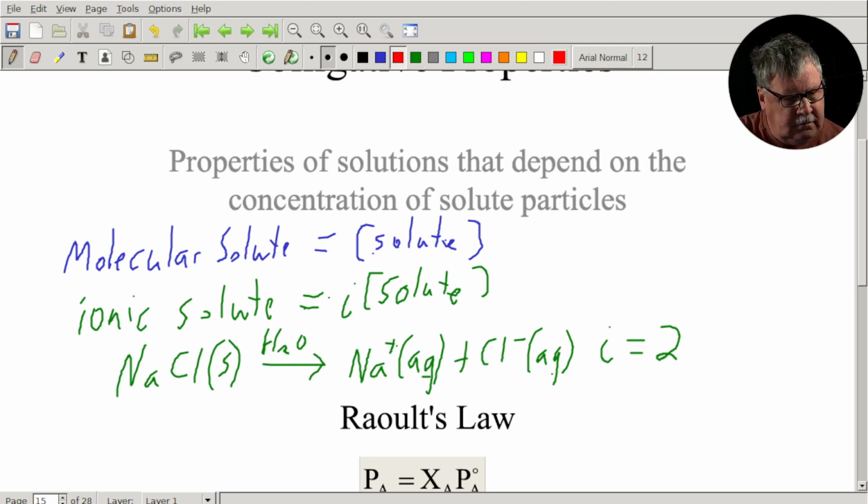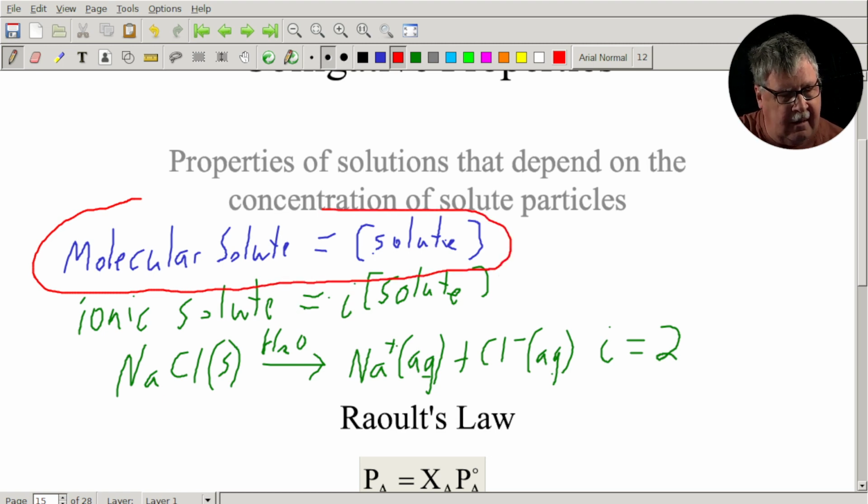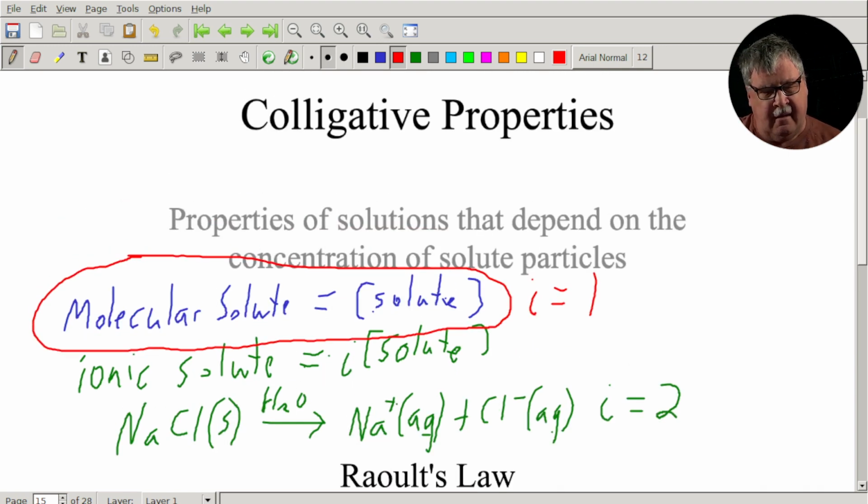Now, our primary interest here is going to be this. What happens to molecular solutes? Because it's much easier to deal with those, all right? Because essentially what you say with a molecular solute is nothing happens. i is 1. So you're all set.